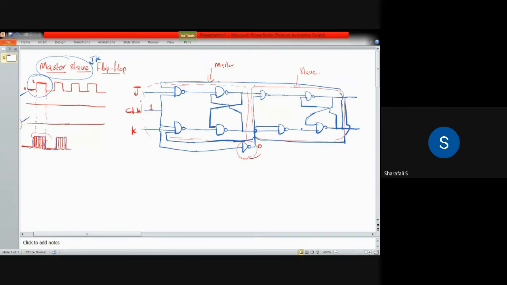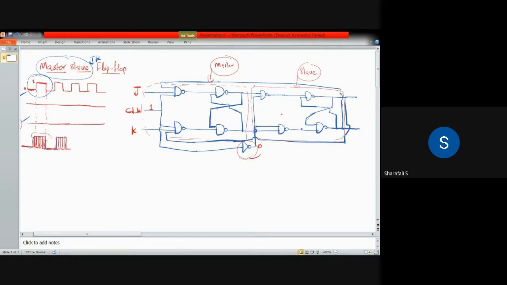Similarly, when the master is having clock pulse equal to 0, the slave will be having clock pulse equal to 1. So what is the advantage of this? The advantage is that when your master is active, slave will be inactive, and when your slave is active, your master will be inactive.